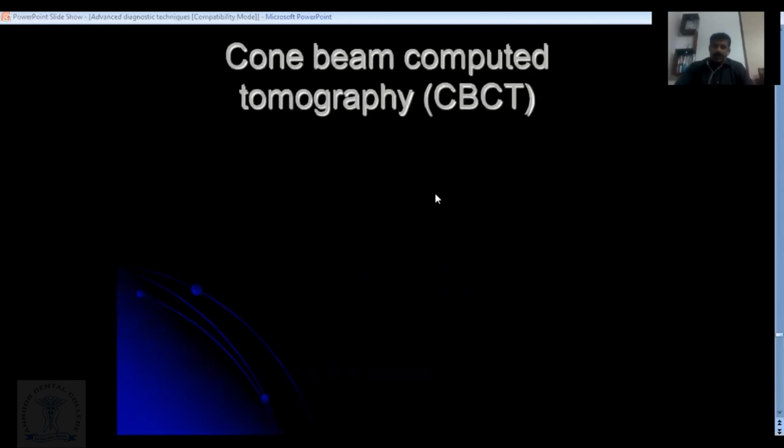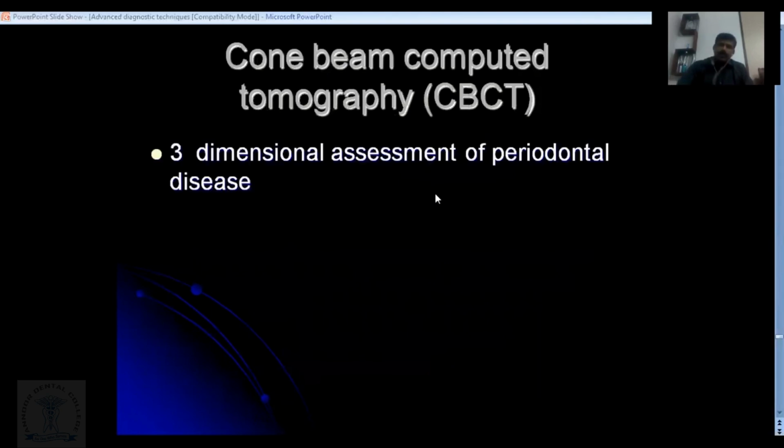Next, a very significant diagnostic method in the industry today is the CBCT, cone beam computed tomography. The idea is, in CBCT you get a three-dimensional picture.